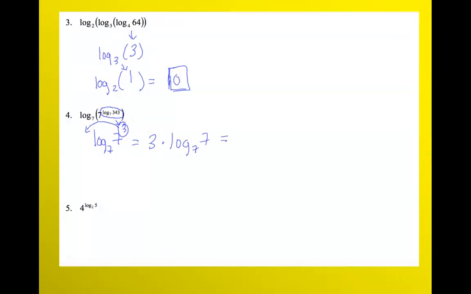This should look like a property we had. Well, 7 to what power is 7? 1, right? So you've got 3 times 1, which is just 3. Ooh, that was interesting.